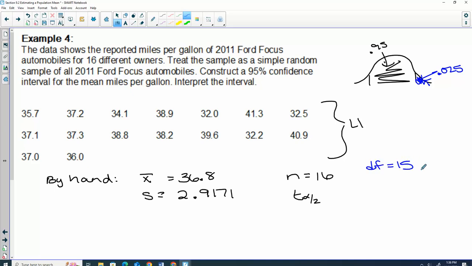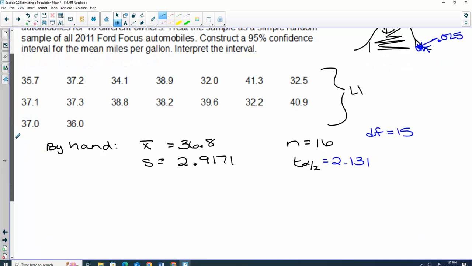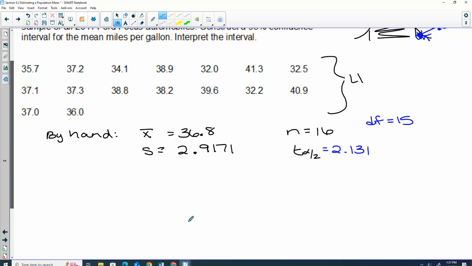So I'm looking at my formula sheet. We're on row 15. And the area to my right is 0.025. So row 15, the probability across the top is 0.025. And the t value is 2.131. Did everybody find that?